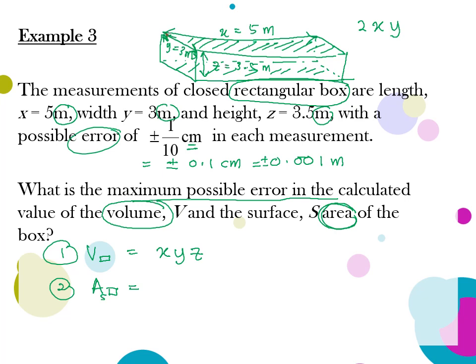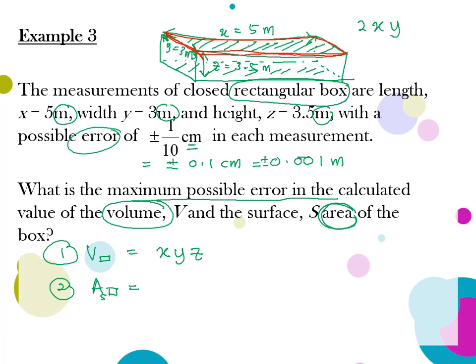The area of this surface is x multiplied with y. Okay, so this is the formula, x multiplied with y. Since you have two surfaces, you multiply with 2 as well.